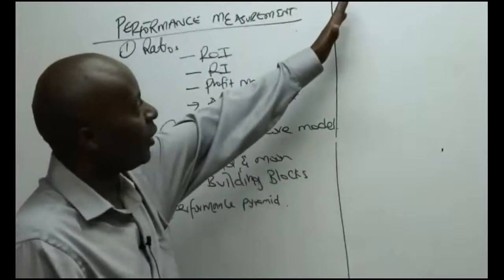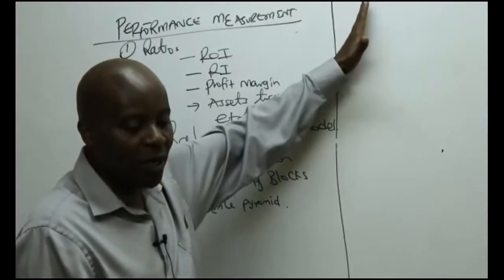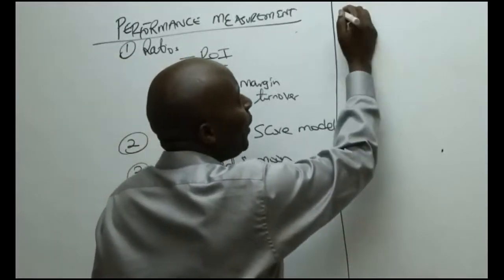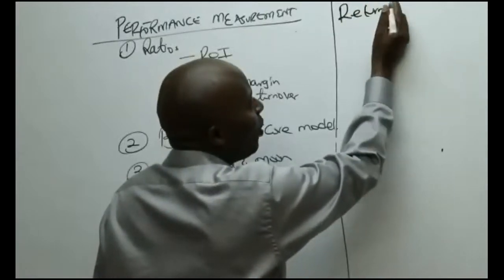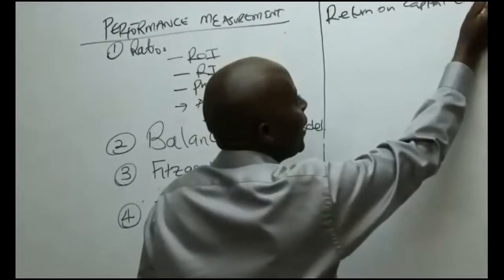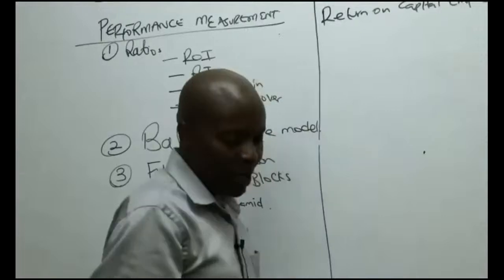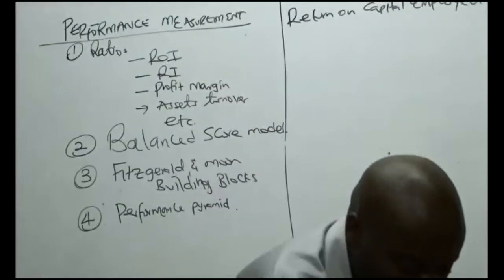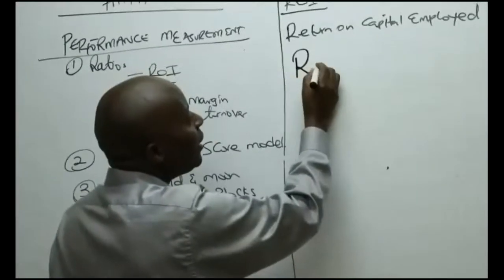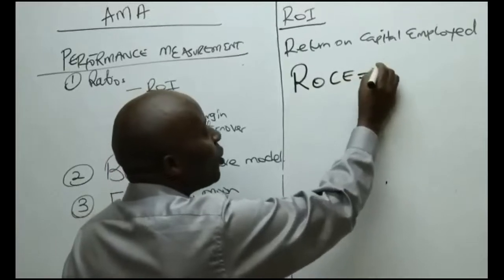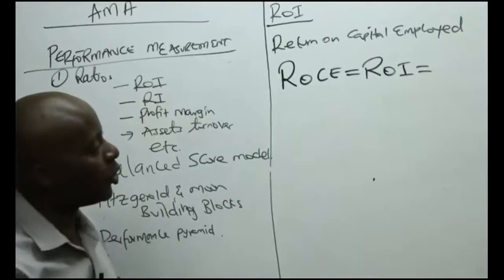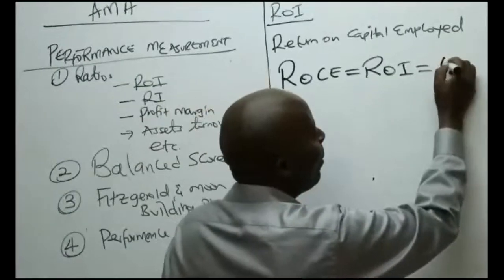Now, they want us to give them the return on investment. Return on investment is also known as what here? Return on capital employed. To get the return on capital employed, also known as ROI, we normally work with the operating profit.